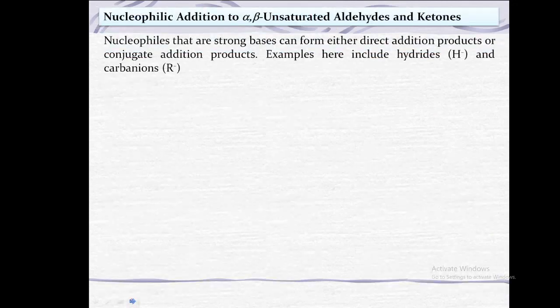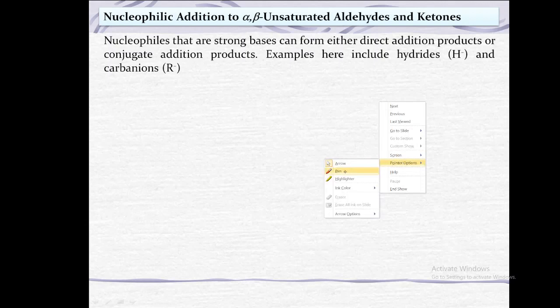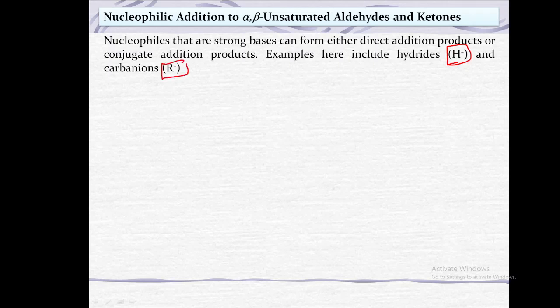Okay. Now, probably just building up on that a little more. The other nucleophiles that would be considered strong bases, and we mentioned this, are hydrides and carbanions. Carbanions. Okay, you know what carbanions are. We tried to tell you a little bit more about what carbanions are: any carbon that is negatively charged.